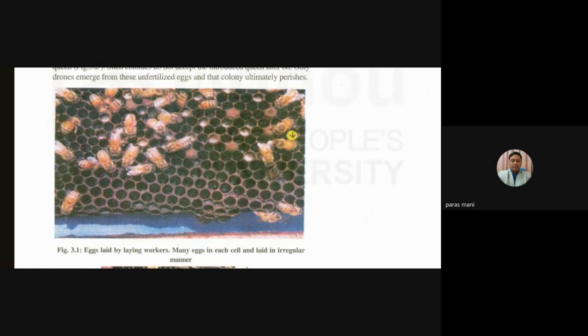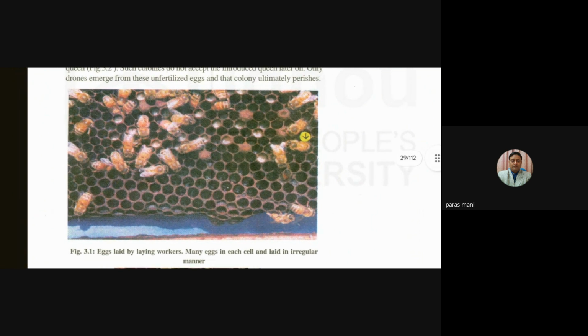A fertile queen will lay only one egg in one cell, but if the eggs are laid by workers, there will be more than one egg in each cell. That is, 2 or 3 eggs will be laid in each cell, and all these will be unfertile eggs, which develop into drones. You can see many eggs in each cell and laid in irregular manner.